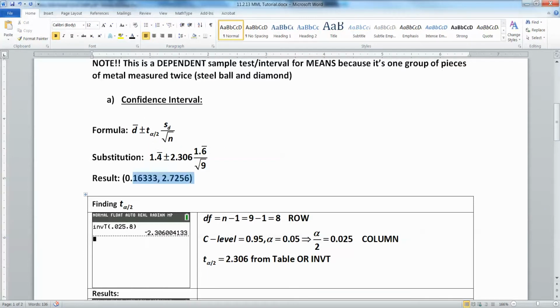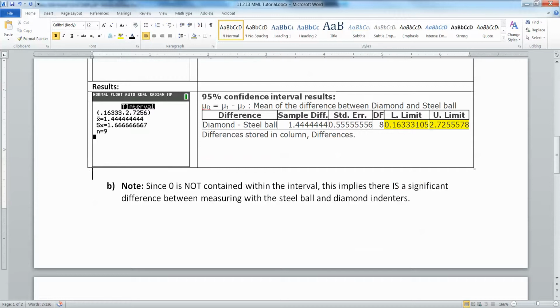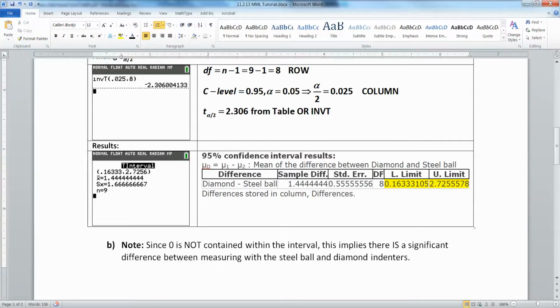Both of these numbers are above 0. Since 0 is not contained in that interval, that implies that there is a significant difference between measuring with the steel ball and the diamond indenters. I can make a note.